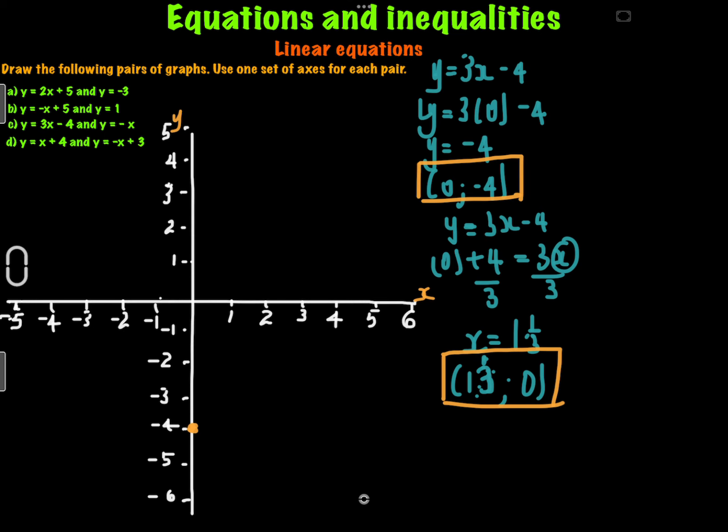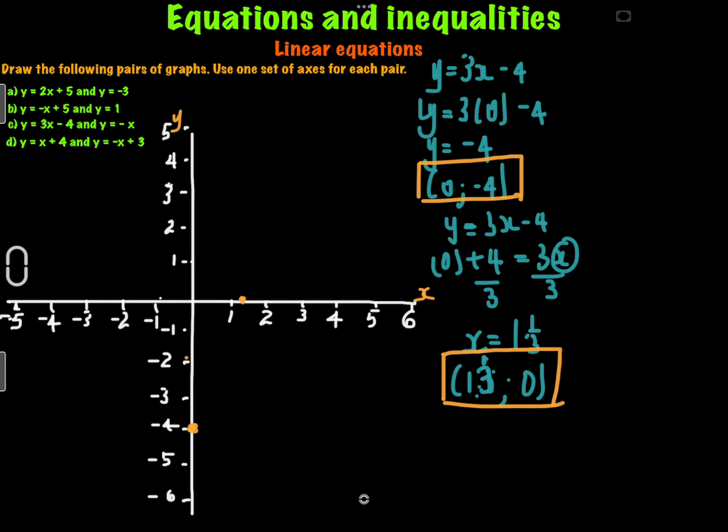So 1.3 is along this x here. So when y is equal to 0, x is equal to 1.3, which is somewhere there.